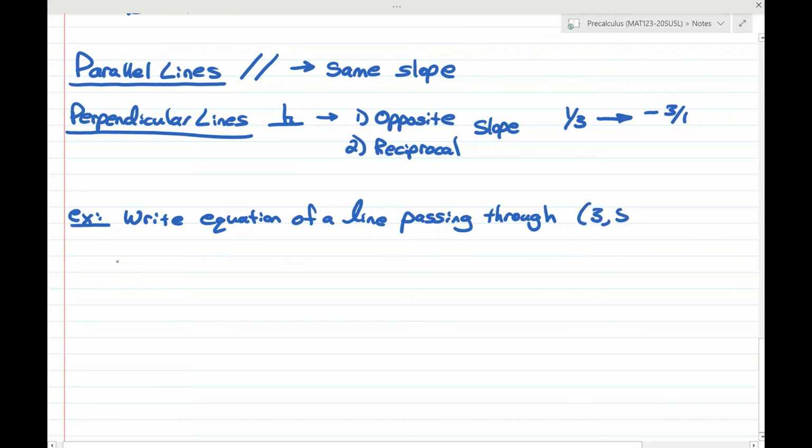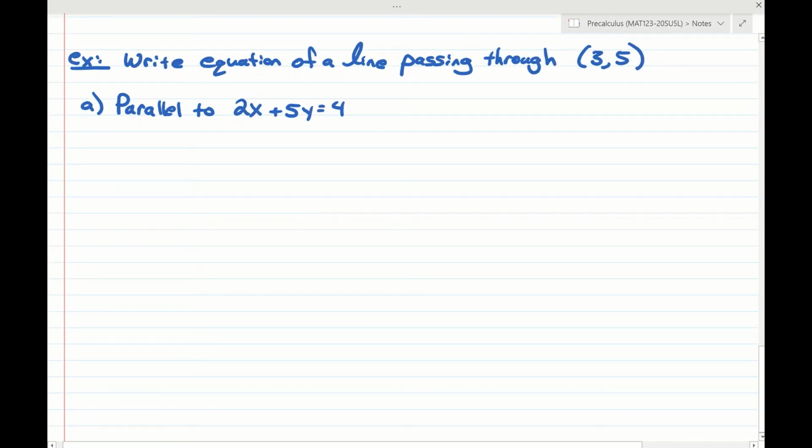Part A is it's going to be parallel to the line 2x plus 5y equals 4. And then part B, it's going to be perpendicular to the same line.